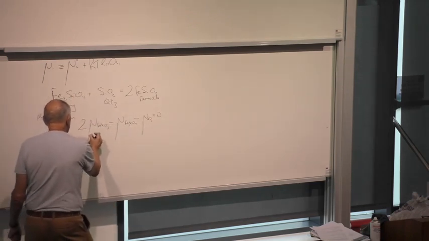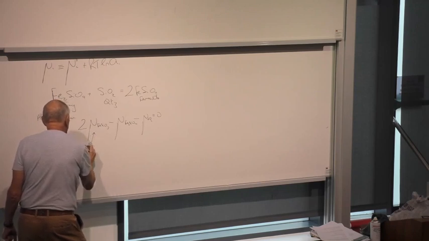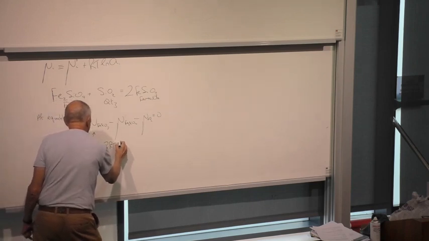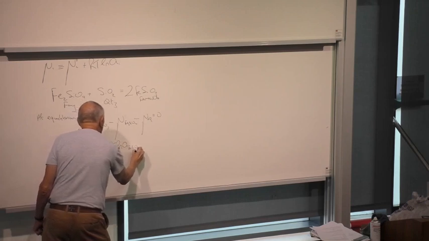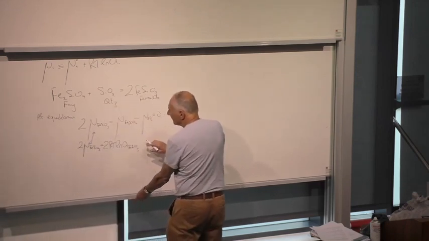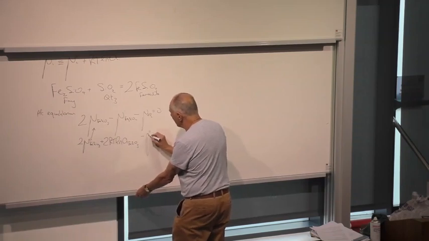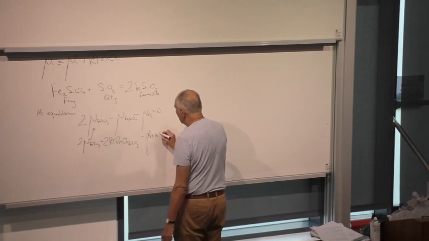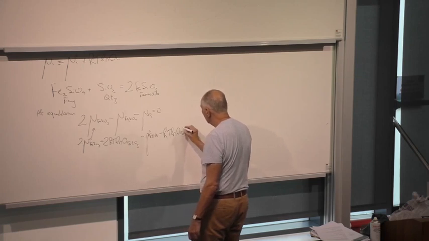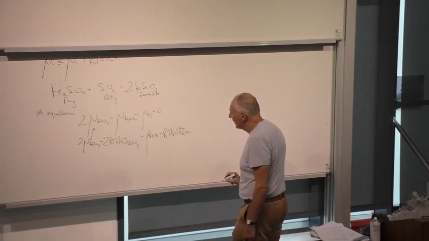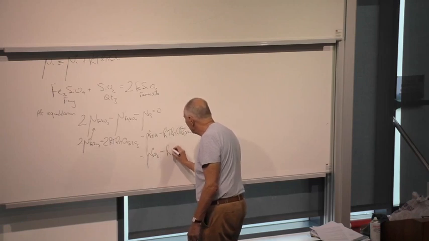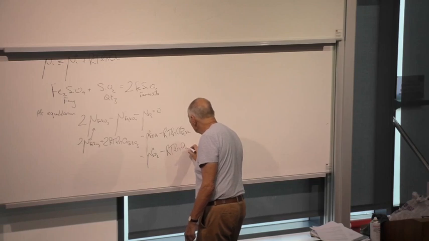And then if we substitute mu 0 plus RT ln a for each of those, products minus mu 0 Fe2SiO4 minus RT ln activity of Fe2SiO4 in fayalite, minus mu 0 SiO2 minus RT ln activity of SiO2 in quartz.